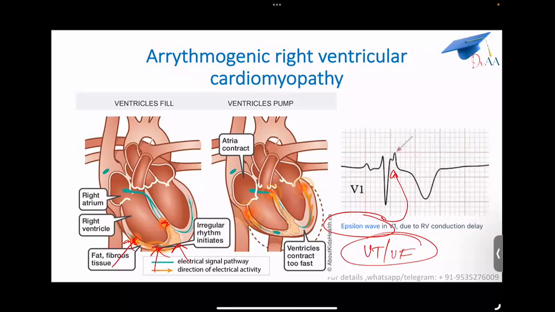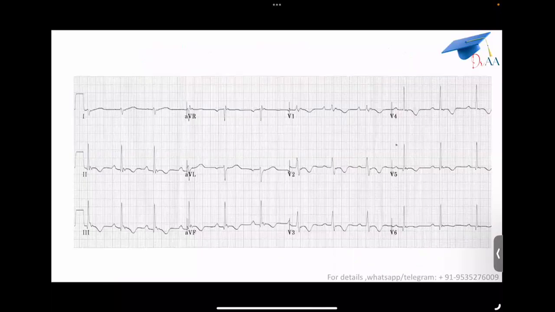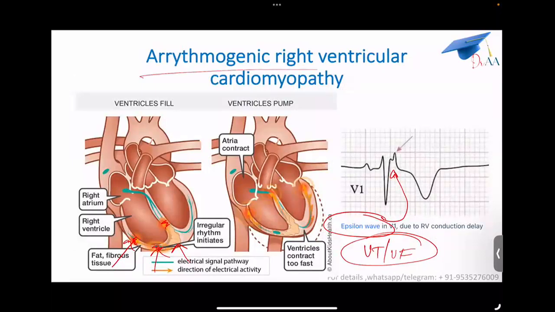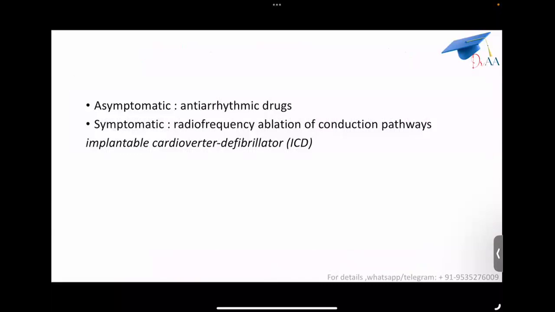Let us see how this looks in the ECG. This part is the epsilon wave. Whenever there is an epsilon wave, think of arrhythmogenic right ventricular cardiomyopathy. These patients again are predisposed to VT and VF, so there is increased risk, so you need to treat.